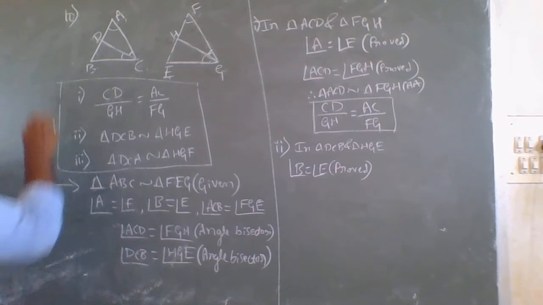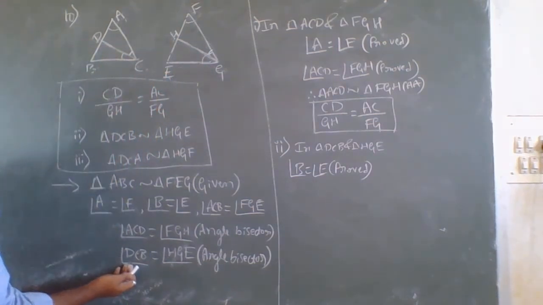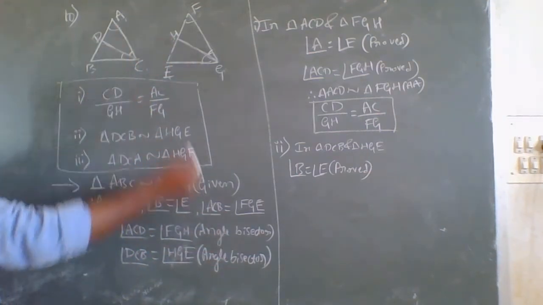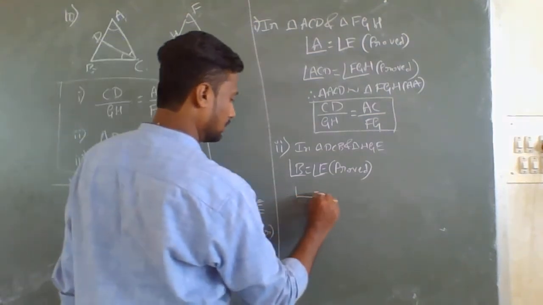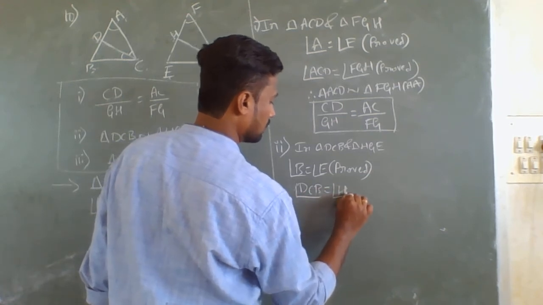And here angle DCB is equal to angle HGE, because these two are angle bisectors. Therefore, angle DCB is equal to angle HGE.